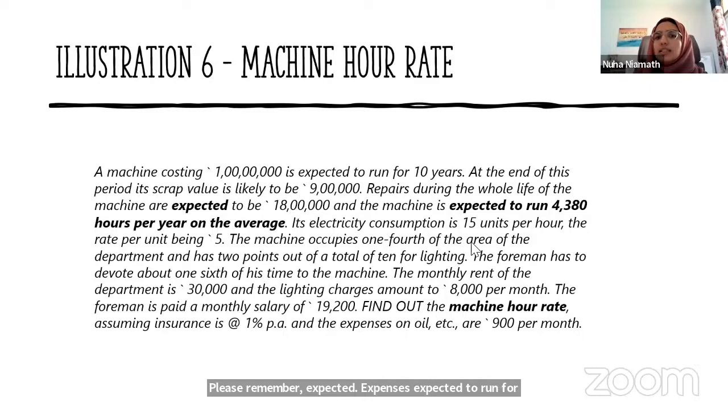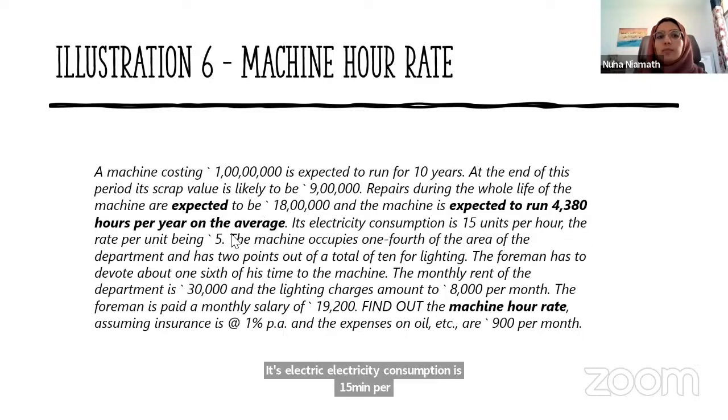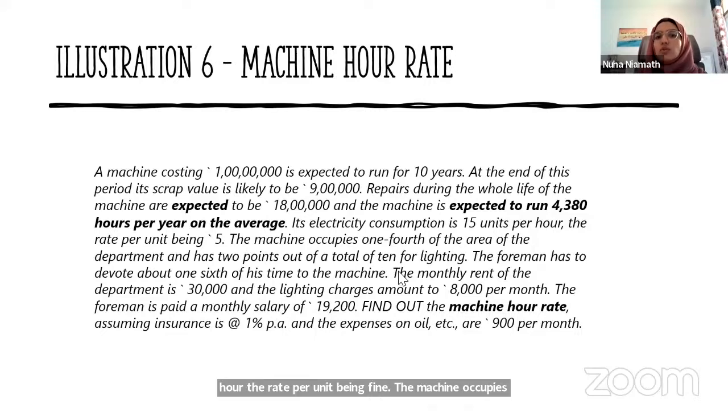Its electricity consumption is 15 units per hour, the rate per unit being 5. The machine occupies 1/4 of the area of the department and has 2 points out of a total of 10 for lighting. The foreman has to devote about 1/6 of his time to the machine. The monthly rent of the department is 30,000 rupees and the lighting charges amount to 8,000 per month. The foreman is paid a monthly salary of 19,200 rupees. Find out the machine hour rate, assuming insurance is at 1% per annum and the expenses on oil, etc. are 900 rupees per month.